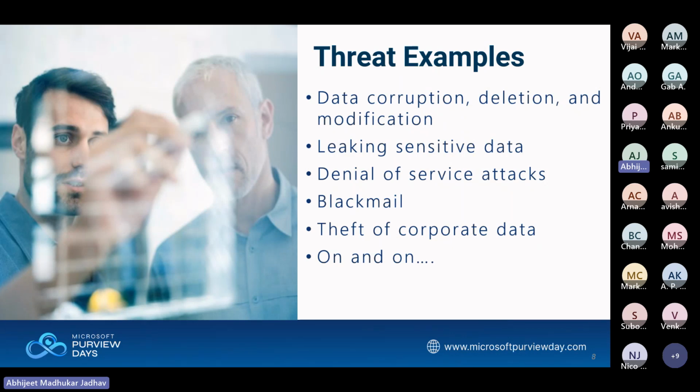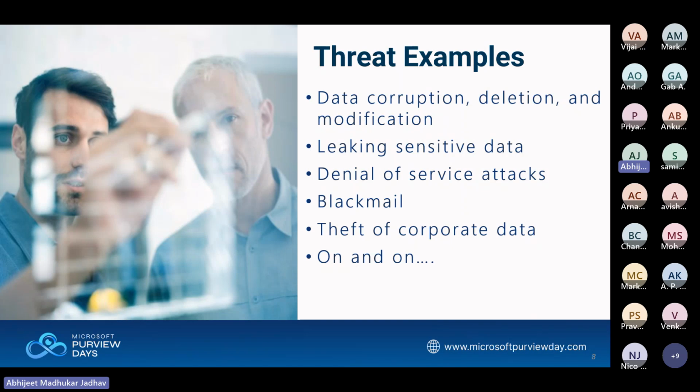Leaking sensitive data, the IP data of the company, is a threat. Denial of service attacks, or blackmailing, like pulling the data or making it accessible to all the employees, is another way insider risk can happen.